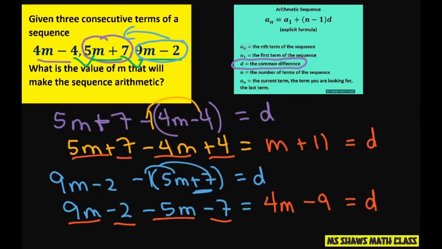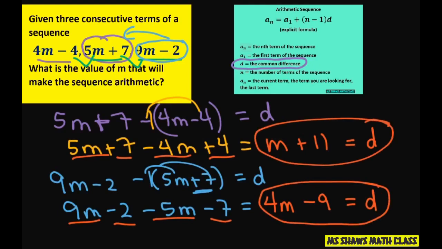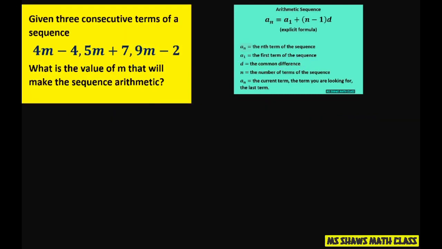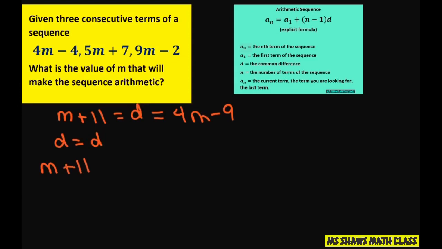So we have these two equations. They both equal our common difference. Let me write that out again. We have m plus 11 equals d, and d also equals 4m minus 9. So if d equals d, then we can write m plus 11 equals 4m minus 9.